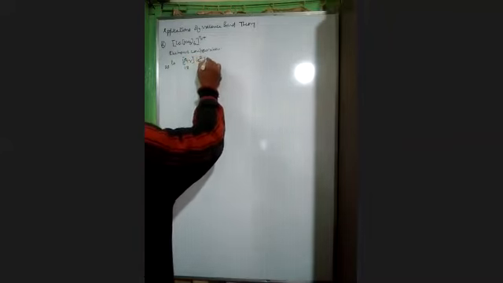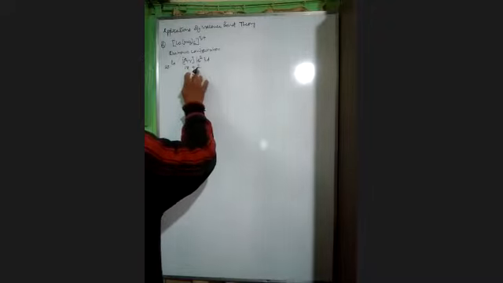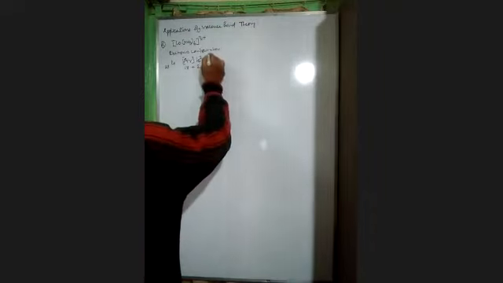Cobalt belongs to the first series of transition elements, that is, the 3d series. So after that we'll have 4s2 and 3d. Now 18 plus 2 is 20, and if I subtract that from 27, it comes to 7.